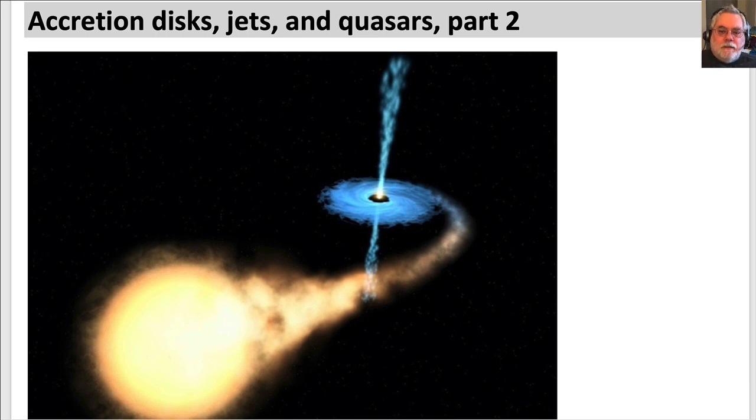Collisions, friction, and electromagnetic interaction between particles cause the material to heat up and radiate electromagnetic radiation as it loses energy and cascades inward through a sequence of stable orbits, stable prograde orbits if the black hole is rotating, then spirals into the event horizon.